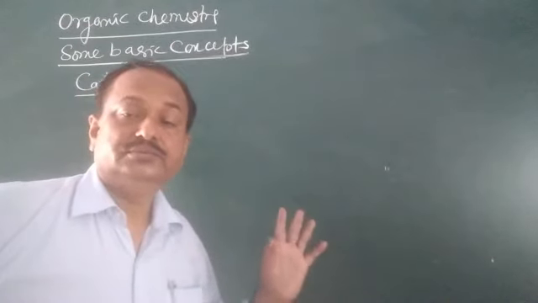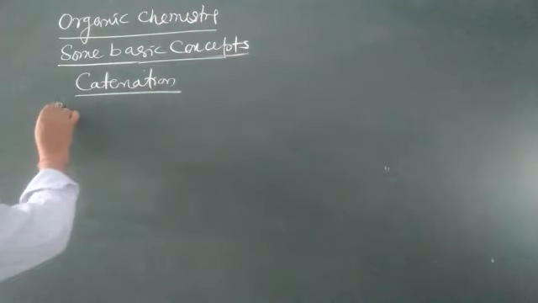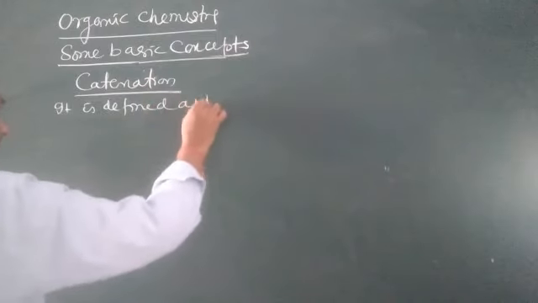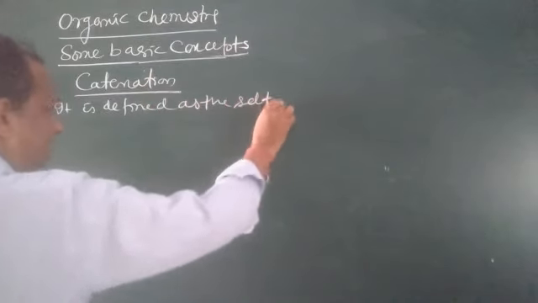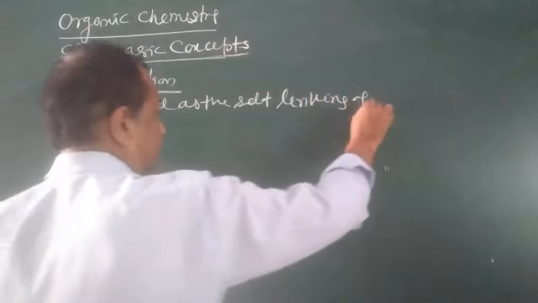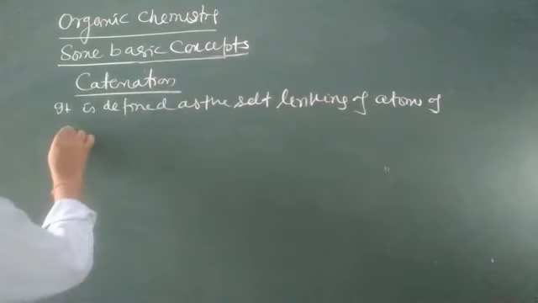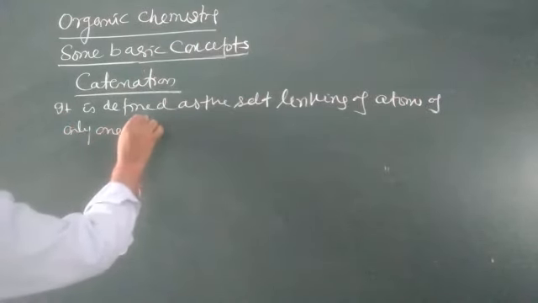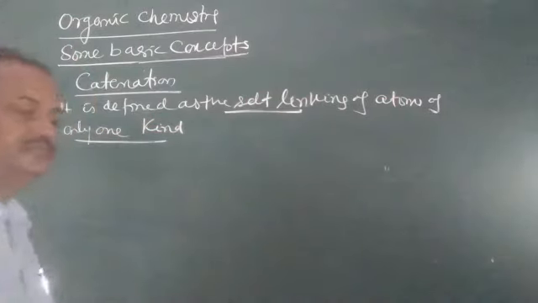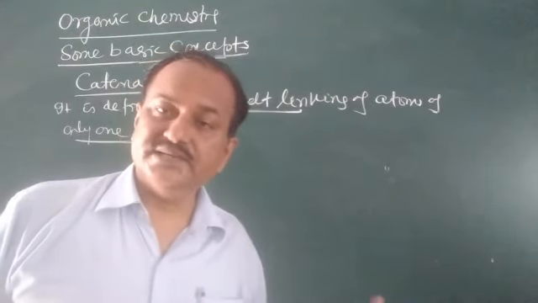Now coming to the next topic, it is catenation. Catenation is defined as the self-linking of atoms of only one kind. Self-linking means linking of atoms of only one kind is called catenation.